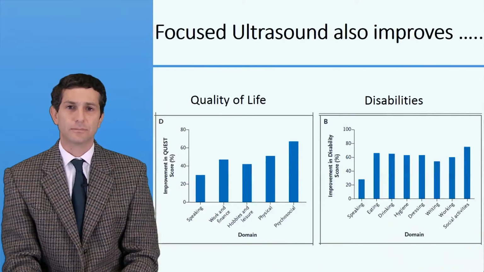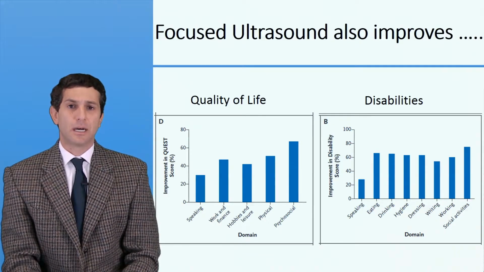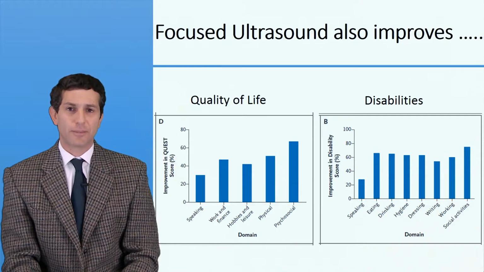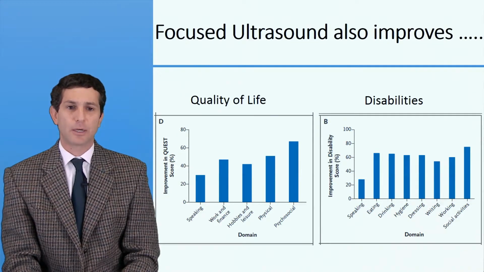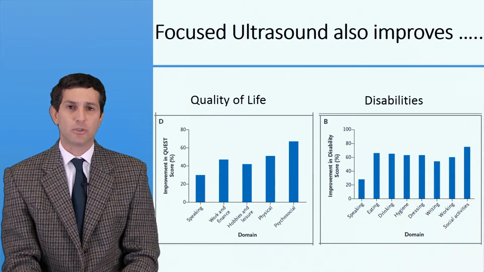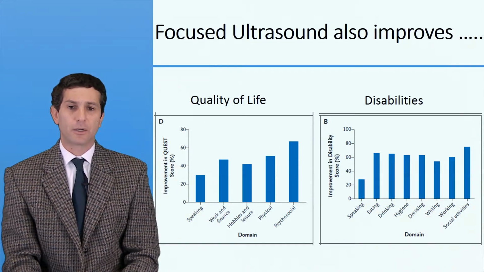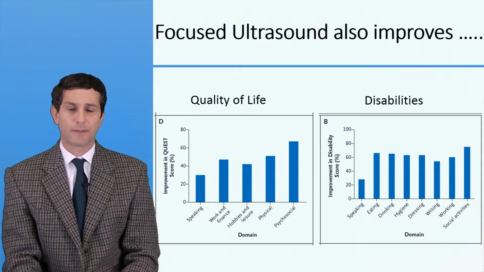Most importantly for the patients, alleviation of the tremor leads to big improvements in quality of life and the disabilities that patients experience in their day-to-day activities. Here you can see two types of validated ratings for essential tremor. The quality of life questionnaire in essential tremor was administered to all of the patients.